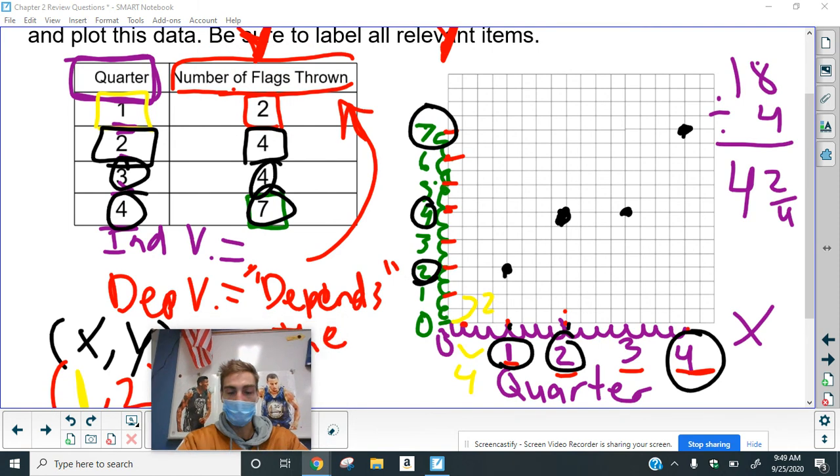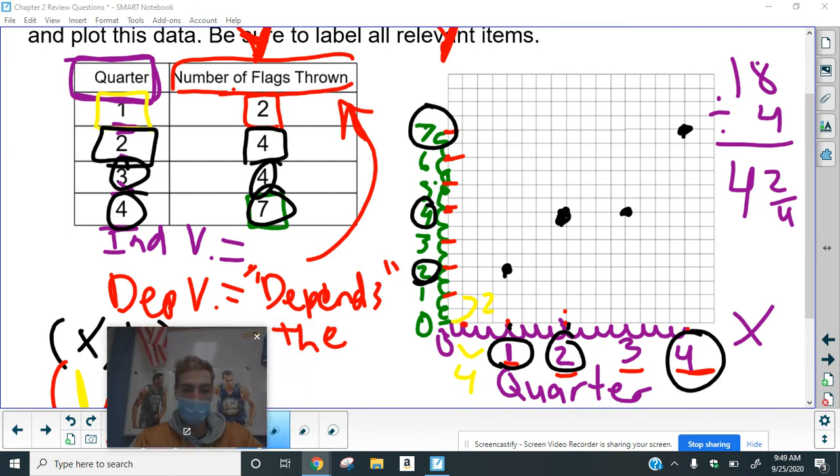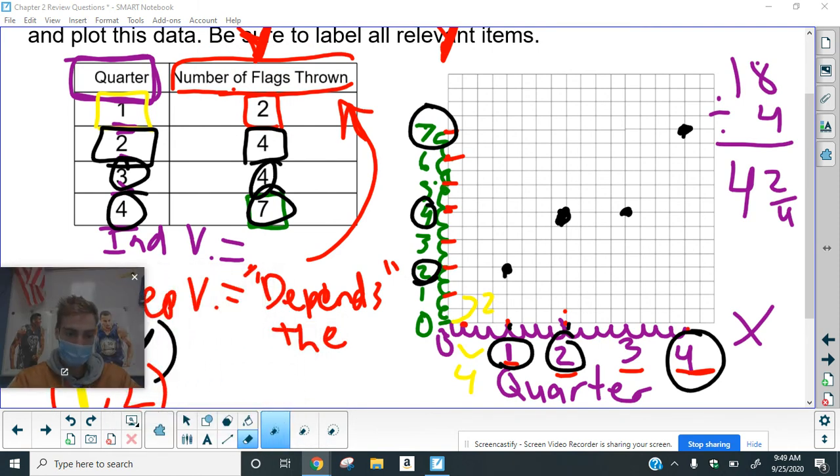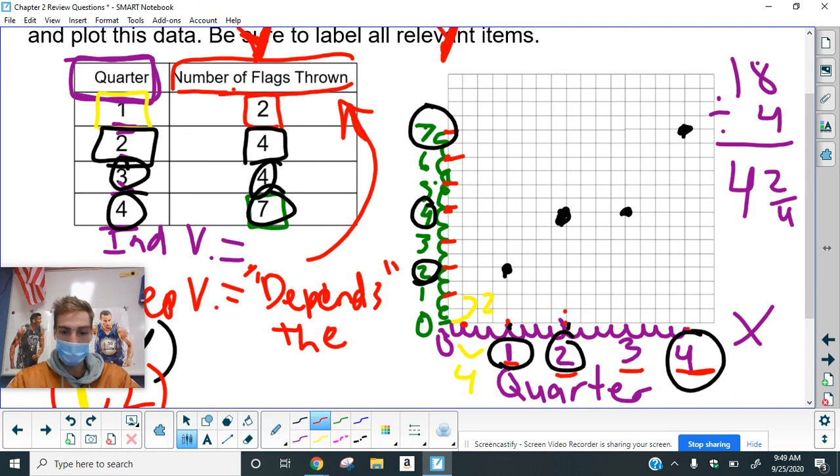Have I answered everything I needed to? I'm missing one thing, and that would be my labels. So here I have my quarter label at the bottom, but I haven't labeled what these things are on the side. It needs to be my flags thrown.